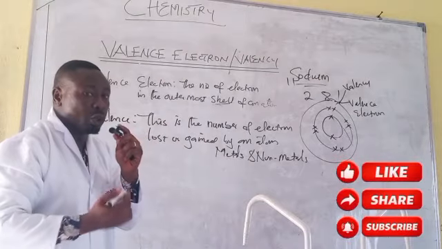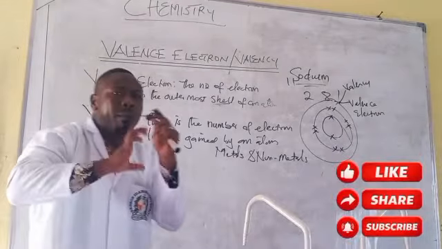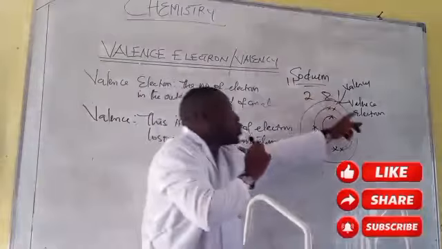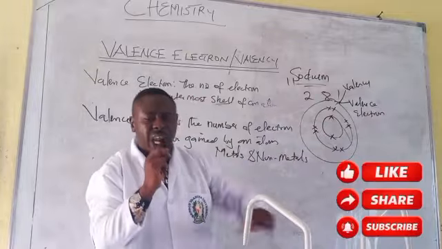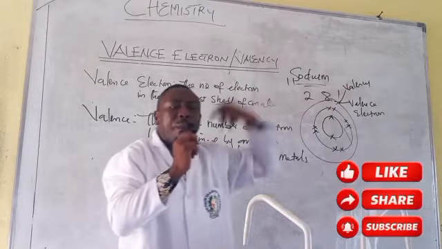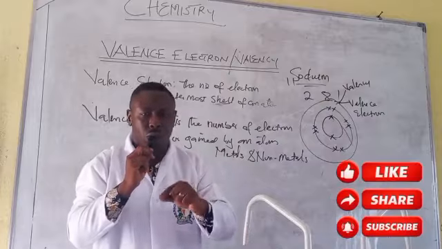Valence electron and valency are almost the same, but they are different in definition. Valence electron is the number of electrons in the outermost shell of that atom, while valency is the number of electrons lost or gained by an atom.